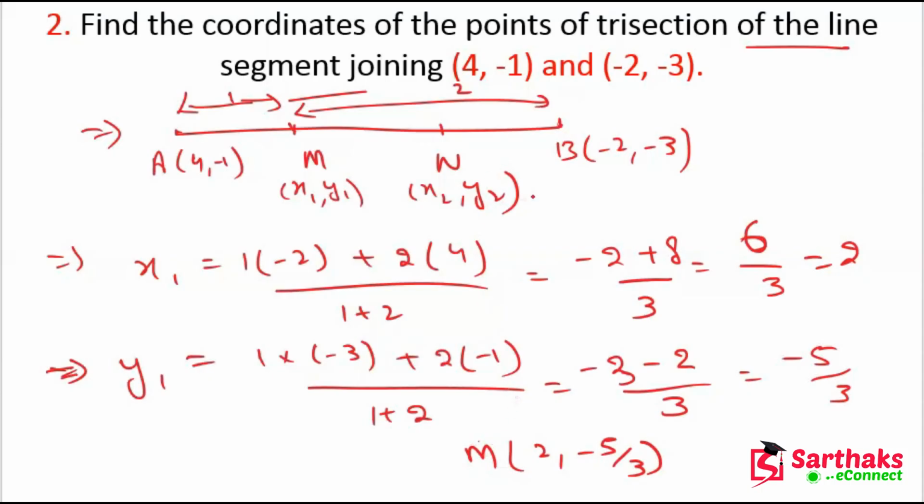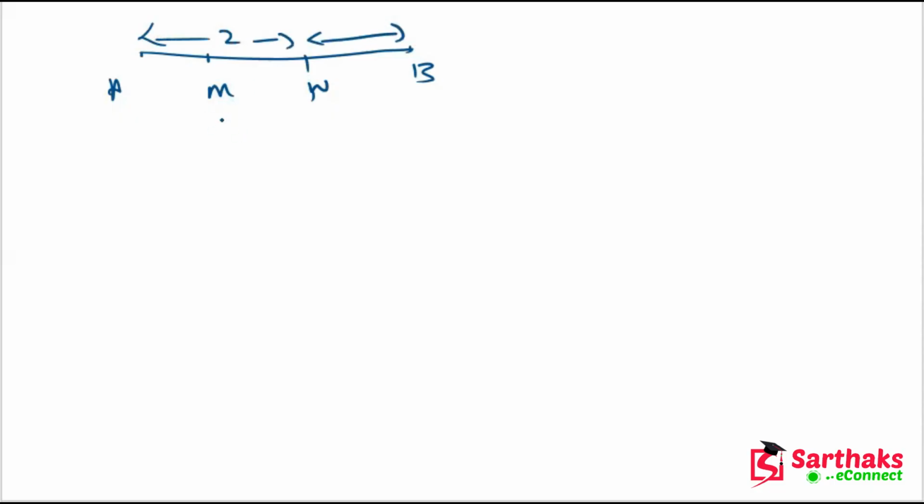Now this point N divides the line in the ratio 2:1. We have A, B, M, N. Now N divides this line in the ratio 2:1, or we can do it another way: in the line MB, N is the midpoint of MB, and we can easily find this value.